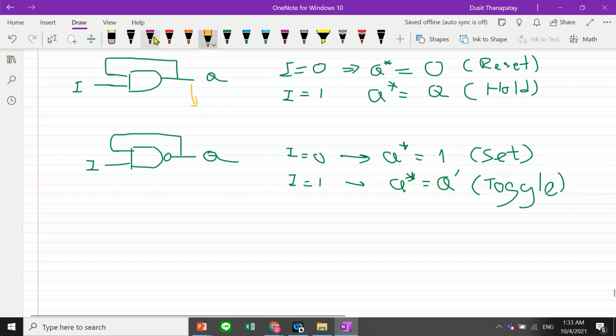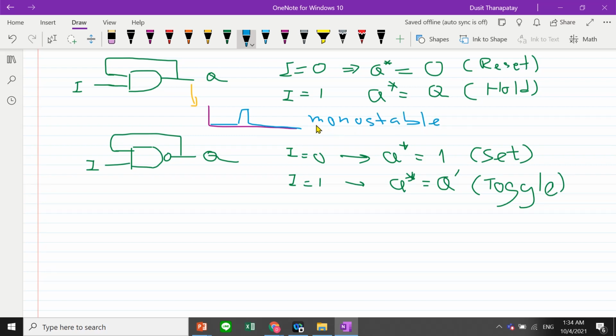That means the value of Q is low. If something disturbs it and makes it high, it cannot be stable at high. It will go back to low. This one is also monostable. It can be stable in only one state. In this case, it's stable at low level. For the previous example, this one is high level, right?